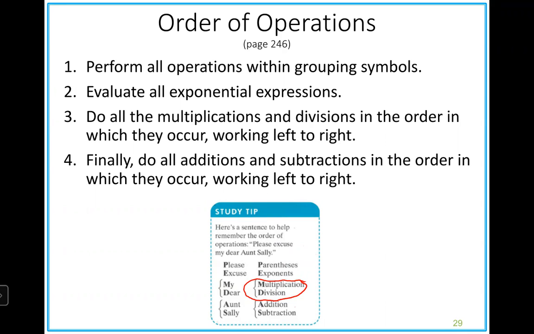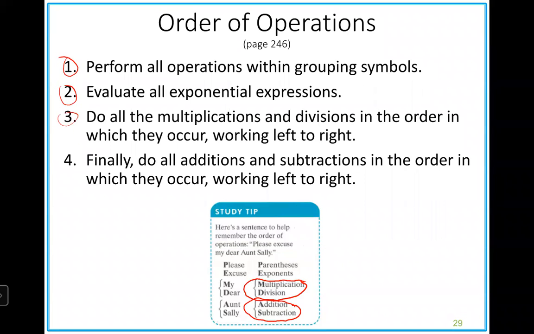And then you will notice at the bottom now, they have addition and subtraction paired together. So it says you have to do them in the order they appear. So you will see, number 1, perform all operations within grouping symbols. And by grouping symbols, we are referring to parentheses or brackets. Then number 2, deal with all the exponents, that's the powers. Then number 3, it says do all multiplications and divisions in the order in which they occur, working from left to right.